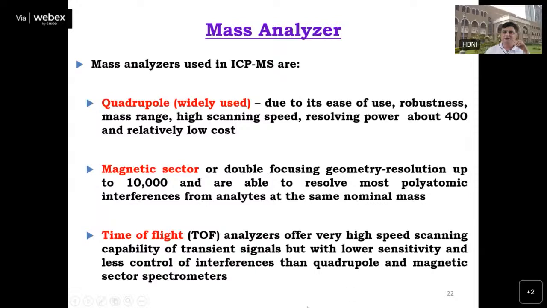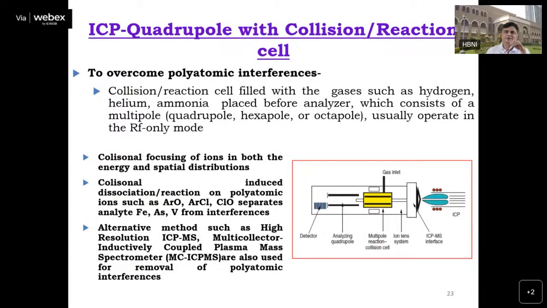There are various kinds of mass analyzers, that is the quadrupole, magnetic sector, and time of flight. As I just told you, the collision reaction cell is to avoid polyatomic interference.